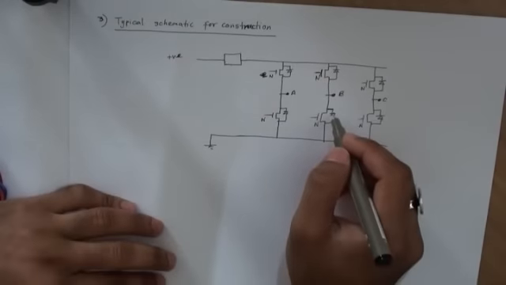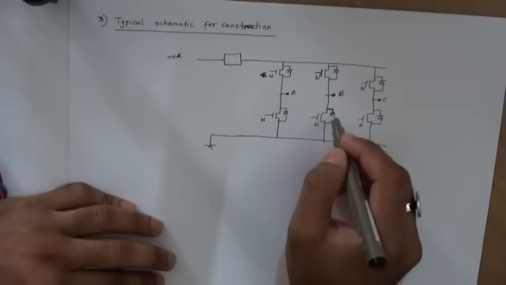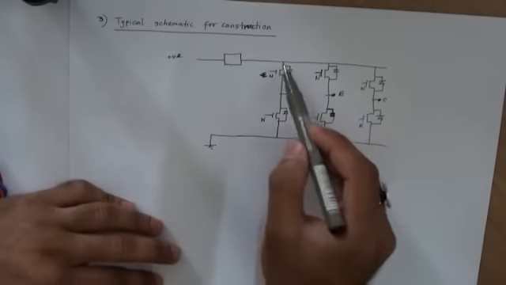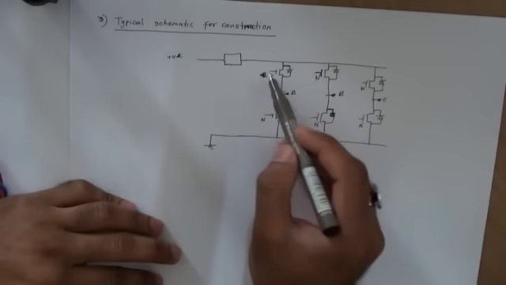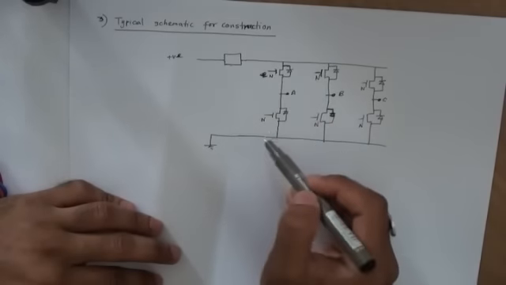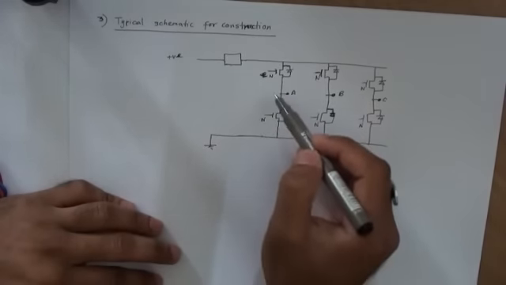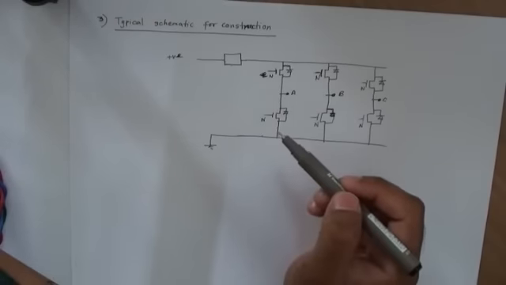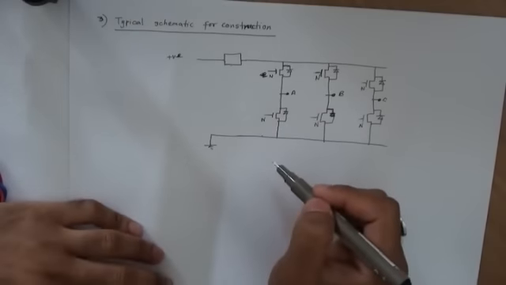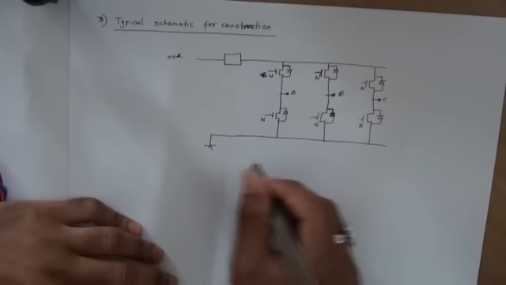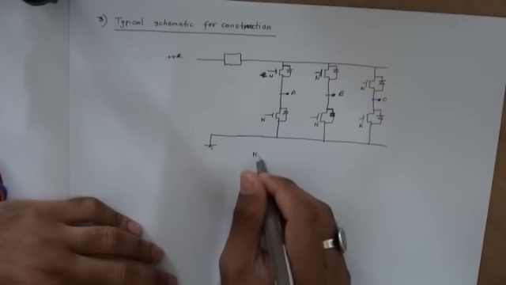But of course when you have N-type on the higher side, then you actually need a special driver to turn these MOSFETs on because of the voltage jump from here to there. You've got to consider that. You can use these drivers, which are called high side, low side drivers.